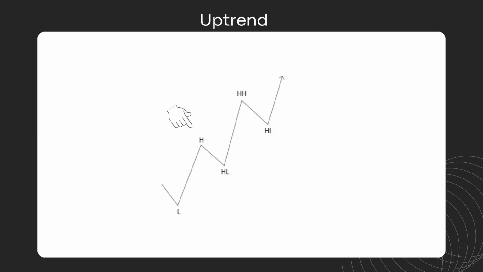Now that price has made a high, it has to first retrace back before it moves higher again. When this retracement ends, it forms a higher low, meaning a low that is higher than the previous low, as you can see. That is how we define a bullish market structure in an uptrend.